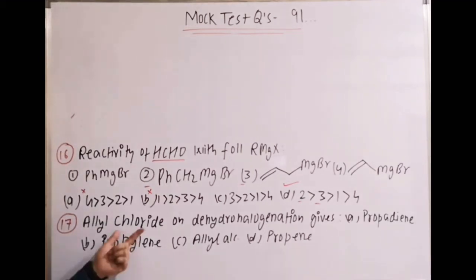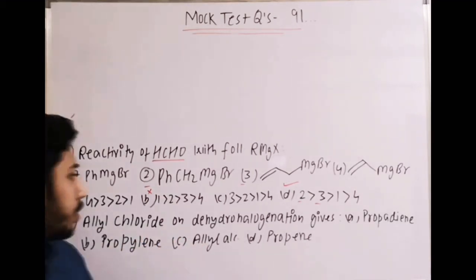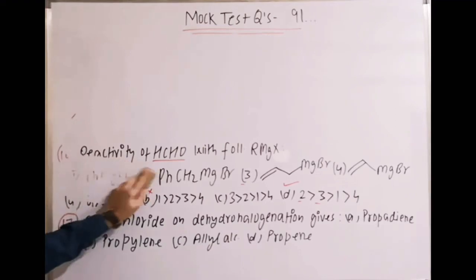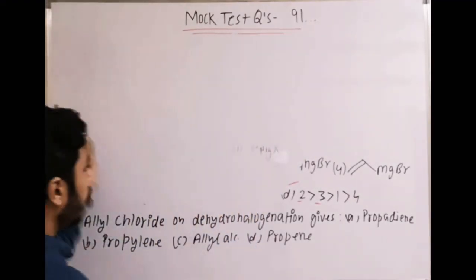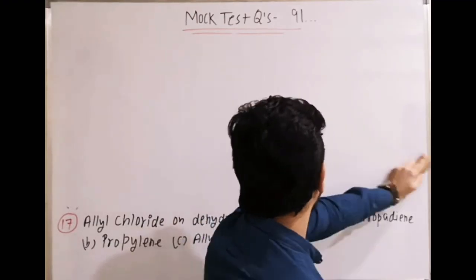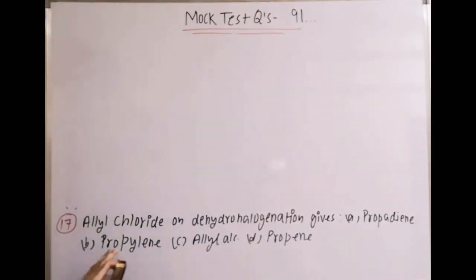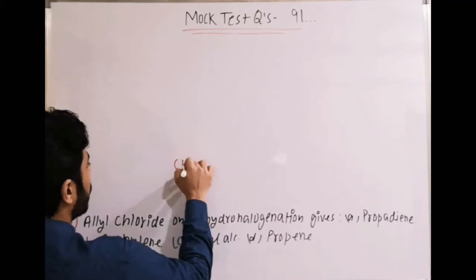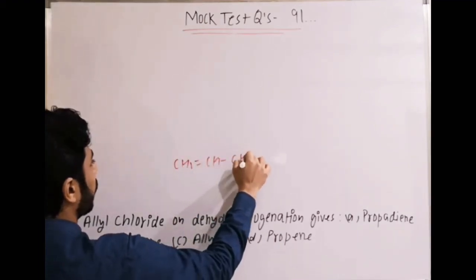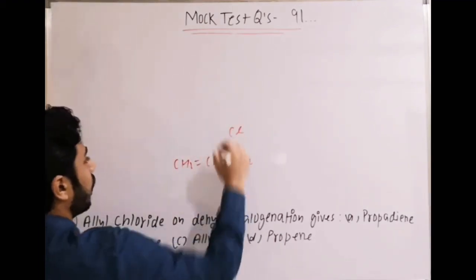Then the 17th question is allyl chloride on dehydrohalogenation gives, these are the options given: propadiene, propyne, allyl alcohol, then propene. Now we can only think among them logically.